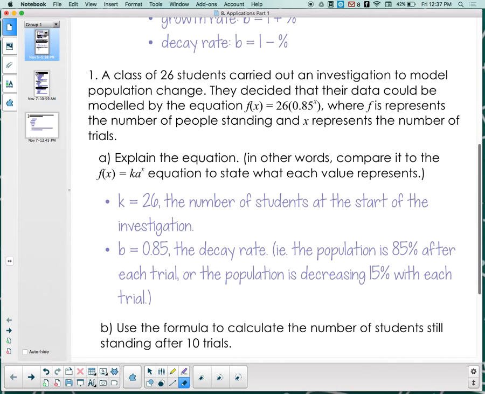Or, technically, you could say that the population is 85% of the previous population. They mean the same thing. When we say our decay rate is 0.85, that means that after the next trial, the population is 85% of the previous trial. Or, we are losing 15% each trial. How did we get 15, by the way? Just 1 minus the 0.85.